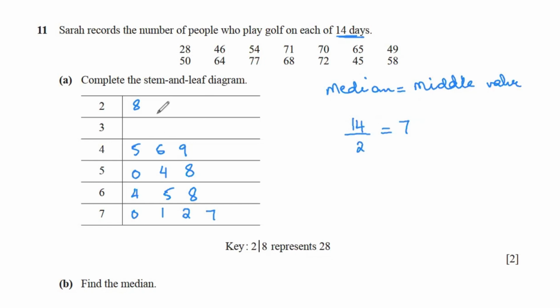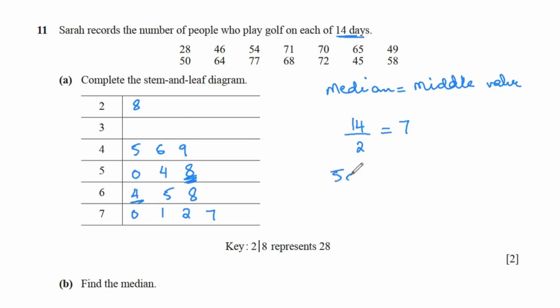Now, since it's an even number of values, our median is going to be between the 7th and the 8th value. This is where the median will lie.